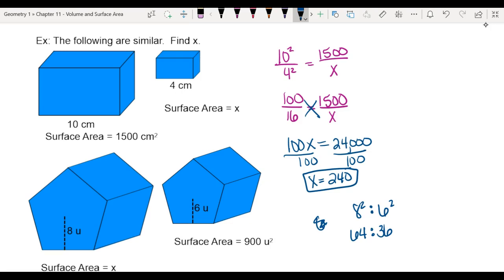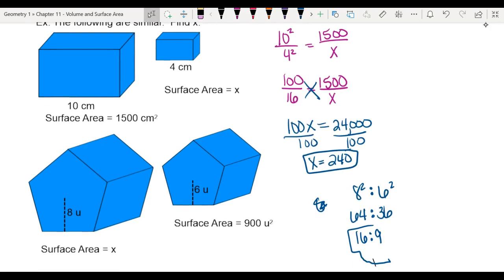Well, it's the number 4. 64 divided by 4 is 16. 36 divided by 4 is 9. 16 colon 9 is what you would type in. So today they'll also ask what's the ratio, and it's taking this first fraction and simplifying it. The first fraction on this one would have been 8 squared over 6 squared, and then you simplify it. If you get to that one where it says use a colon, let me know. I can help you out too.